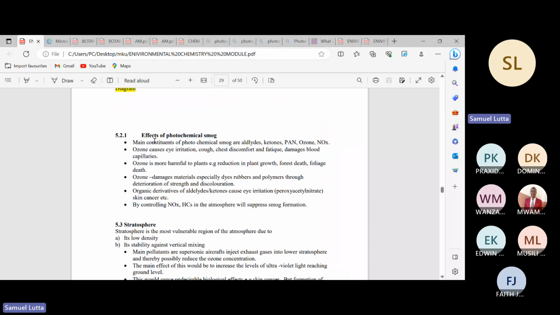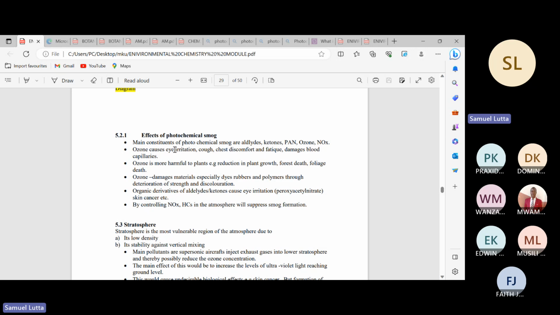So this talks about the effect of the smog. The constituents of this photochemical smog, we said, are the organics, ozone, and nitrogen oxide. So aldehydes, ketones, the PAN, which are just the peroxide, ozone, and NO. What are some of the effects of the photochemical smog? I think we mentioned some yesterday.